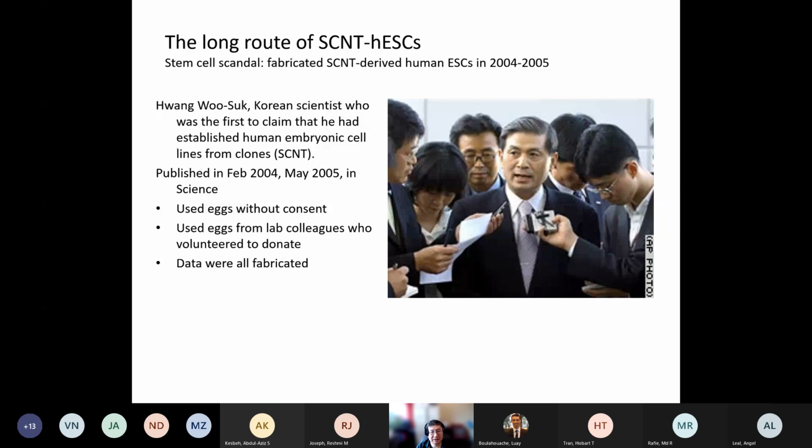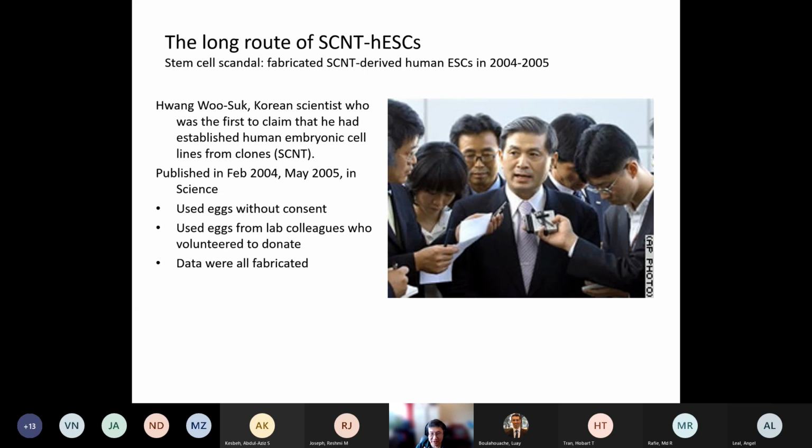And then this scientist, Hwang Woo-suk, the Korean scientist, claimed in 2004 and 2005, he published two Science papers. He said he was successful. He was able to establish human embryonic stem cells by using somatic cell nuclear transfer.